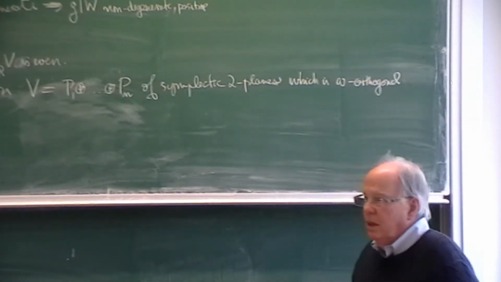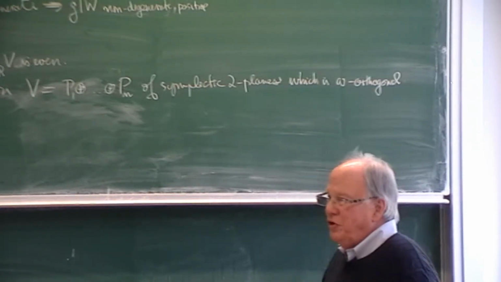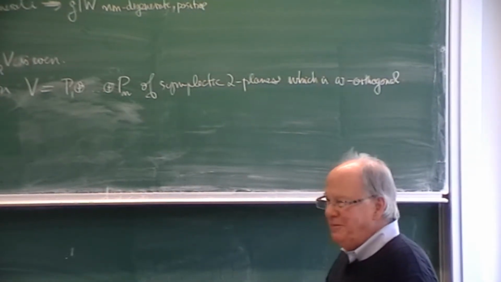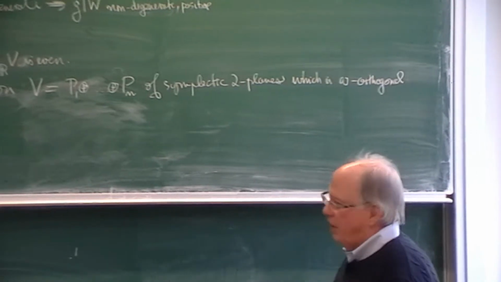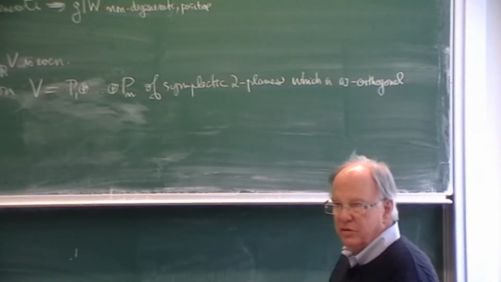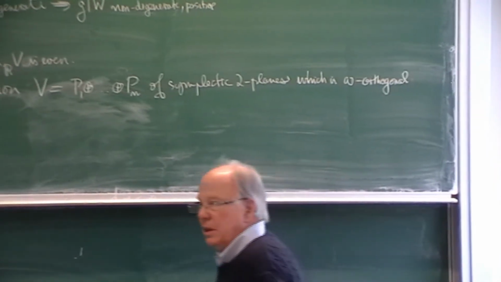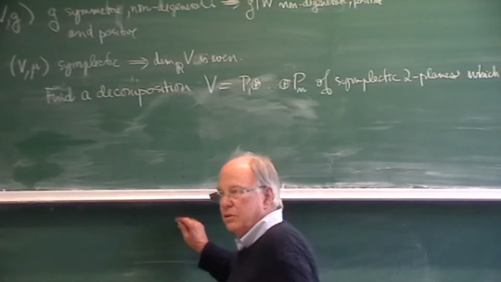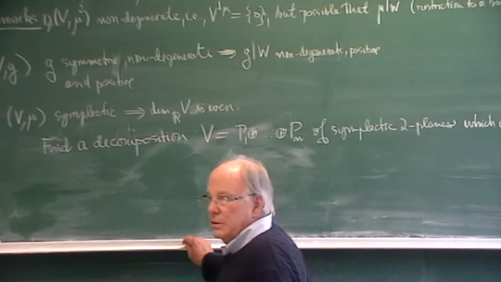And the idea of the proof is exactly what I said: you're never going to find a one-dimensional thing because it's an alternating form, right? It's going to vanish identically. But you can find a two-dimensional thing and then take your orthogonal complement and then you have this decomposition, right? So thanks.